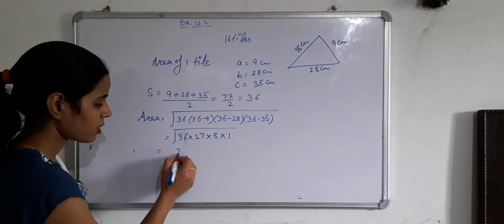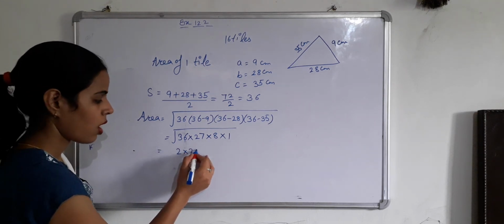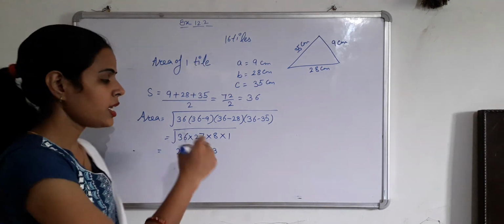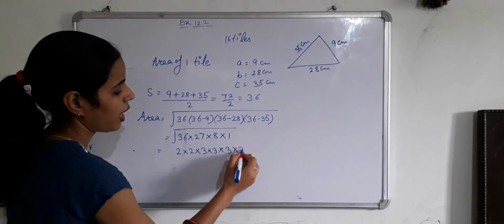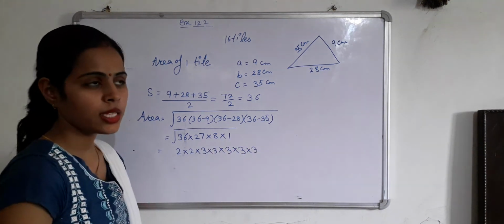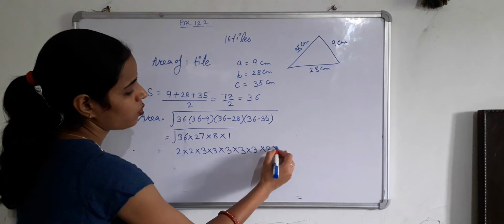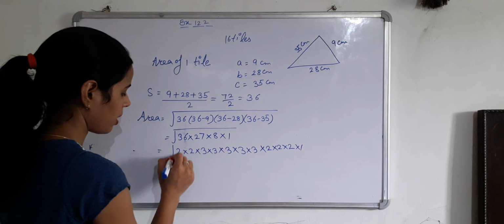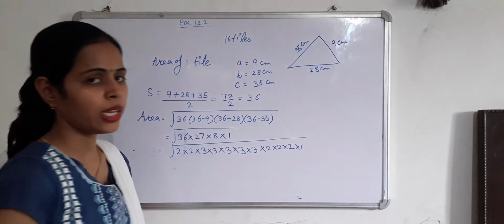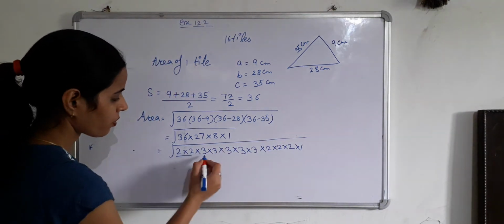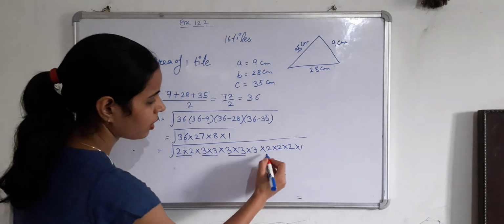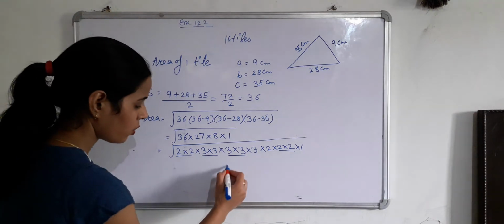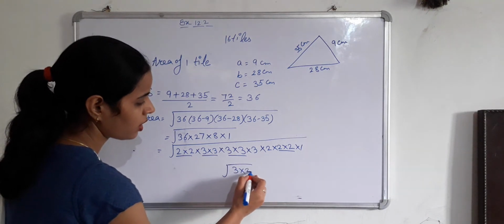Write 36 as 2 into 2, 4, 4 into 3, 12, 12 into 3, 36. 27 as 3 into 3, 9, 9 into 3, 27. 8 as 2 into 2 into 2, 2 2 4, 4 2 8, and 1. All these terms also lie in root. These 2, 3, 3, 2. 2 and 3 are left single, so they lie in root.